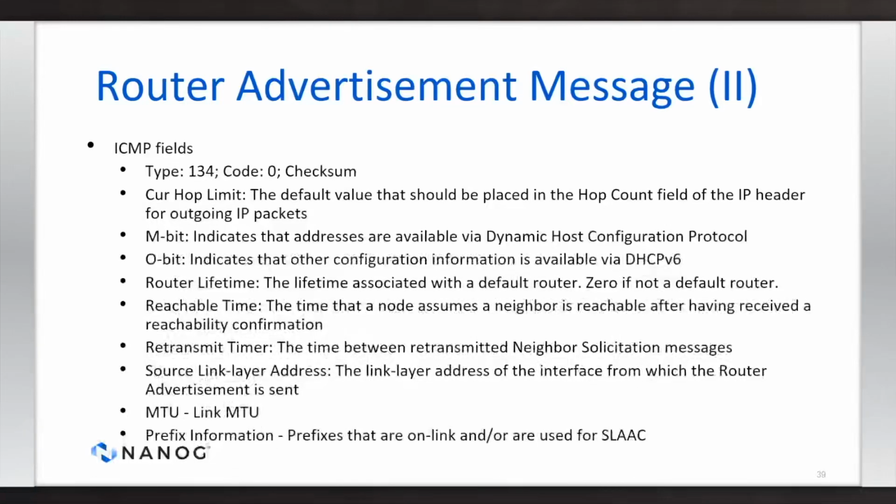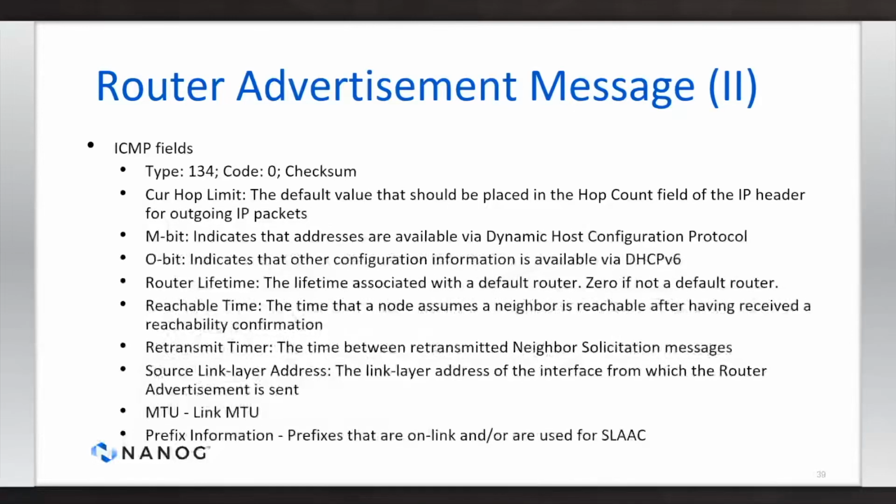These are a bit difficult to interpret. Different implementations interpret them differently, and I won't go down that rabbit hole right now because it's kind of a long story. A router lifetime, and that's the lifetime associated with a default router. 0 if this router doesn't claim to be the default router. So if you're the default router, you say how long you want to be the default router. If not, you just say 0.